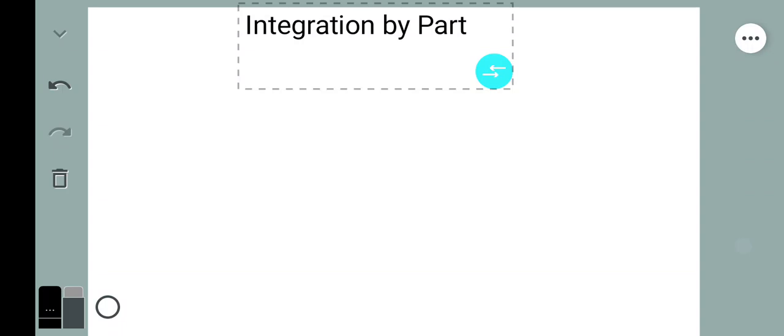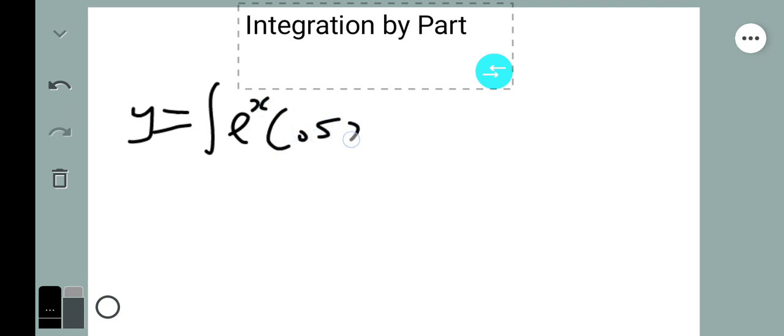Let's say we have y is equal to the integral of exponential x cos x dx. When you have this kind of example, how do you solve this problem?